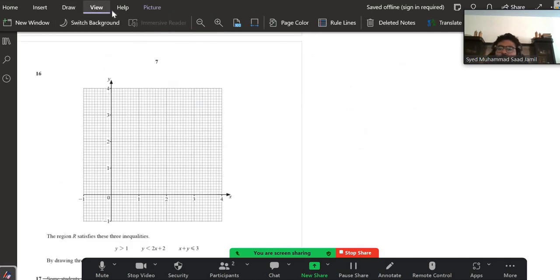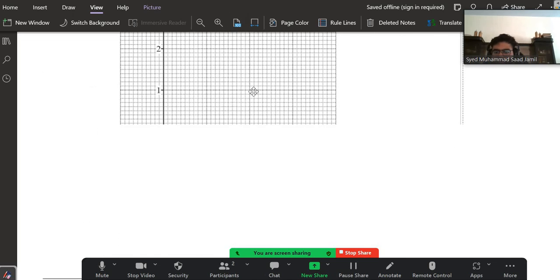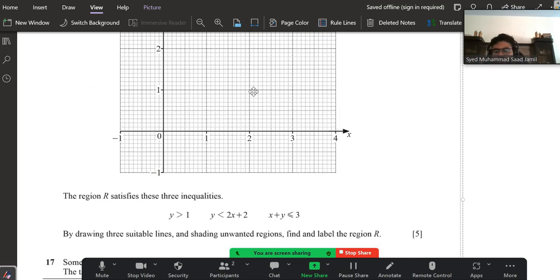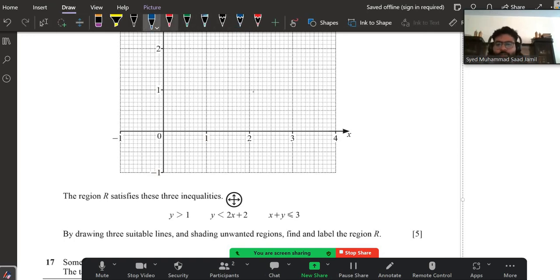Moving on to question number 16. In question number 16, you have been given some inequalities and you have to represent those inequalities on a graph. First of all, remember one thing. Whenever the sign is just greater than, not greater than or equal to, you make dotted lines. And if the sign has the line beneath it, you make full concrete lines.